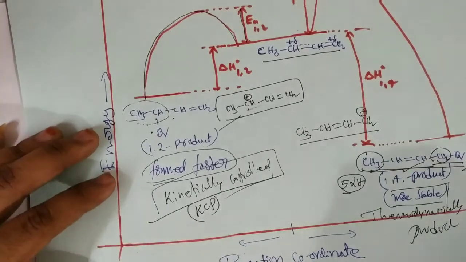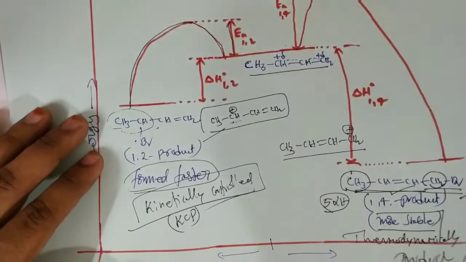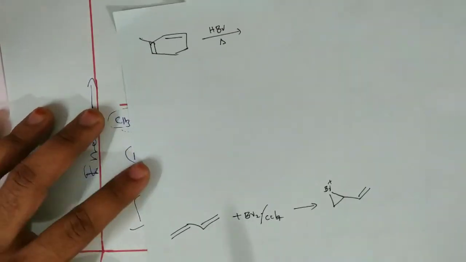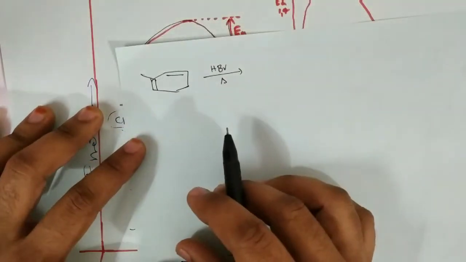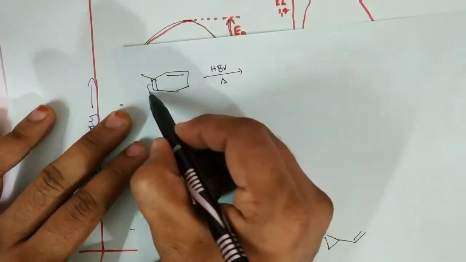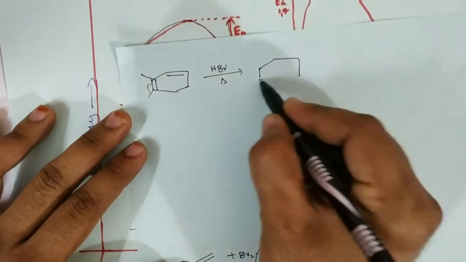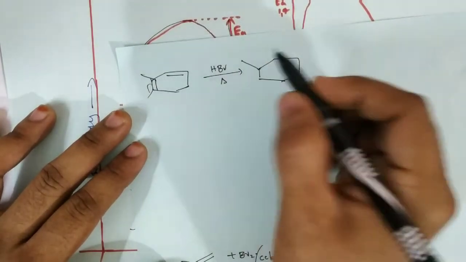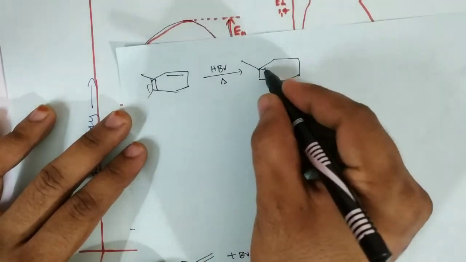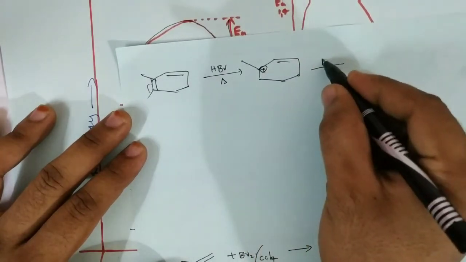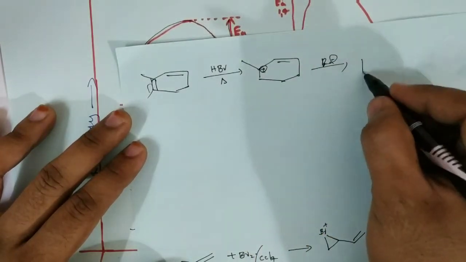Okay, next some more examples we will discuss. Here in this case, of course protonation takes place on this carbon. Okay, double bond, and here tertiary carbocation, this one. Okay, Br minus.